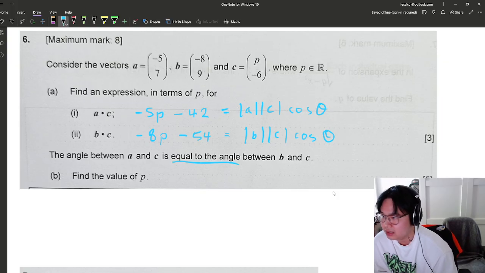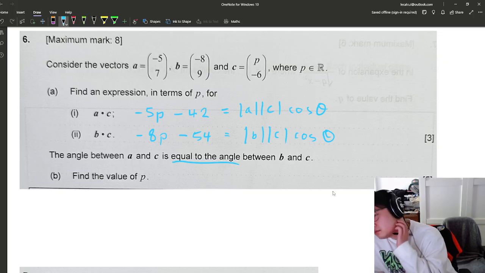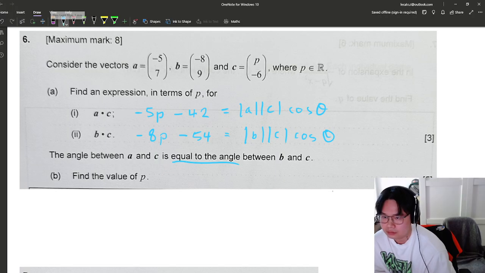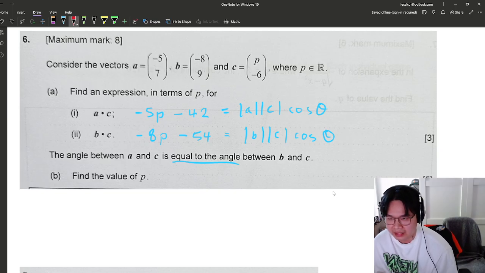So what does this mean? What can we do with this? Okay, we can equate them because we know their thetas are the same, so we're gonna manipulate this to equate them.